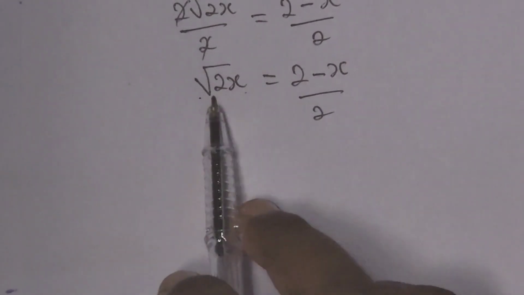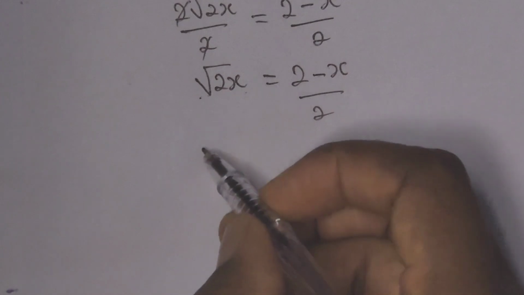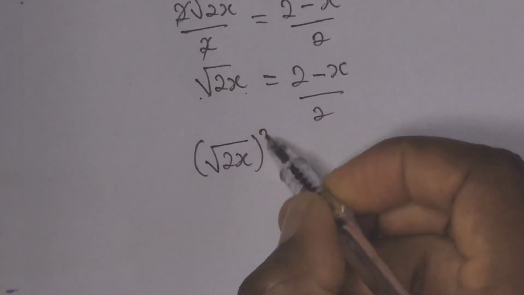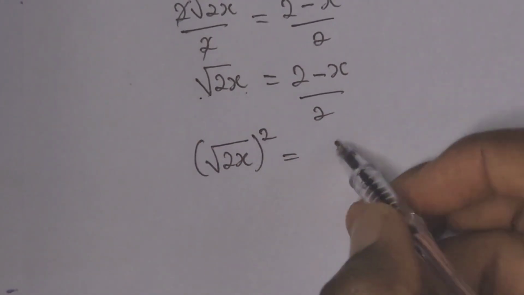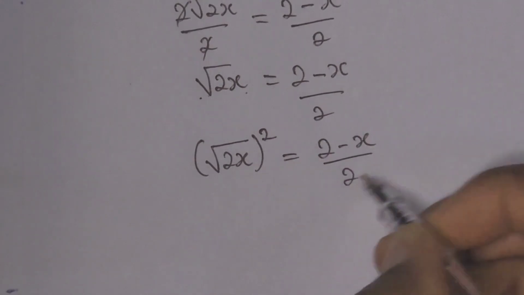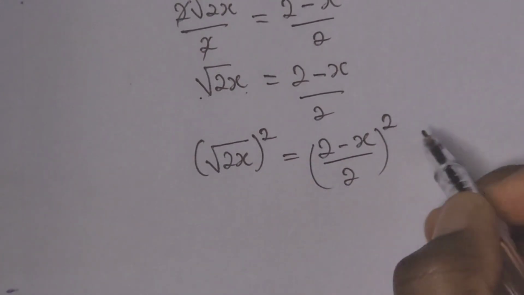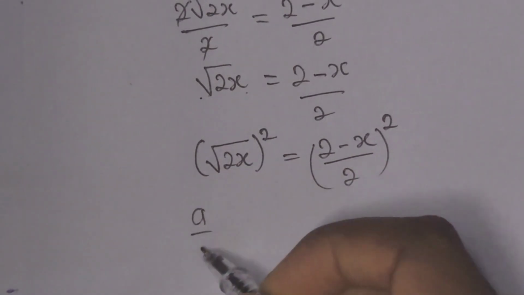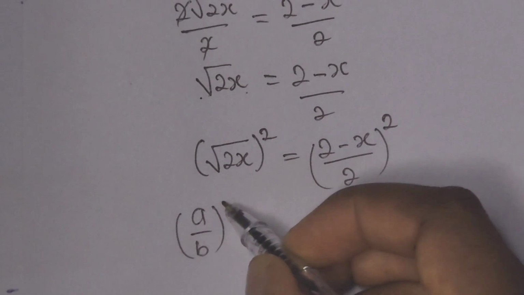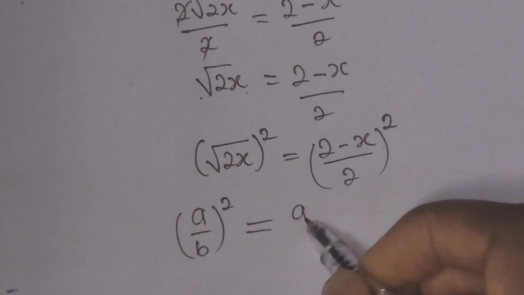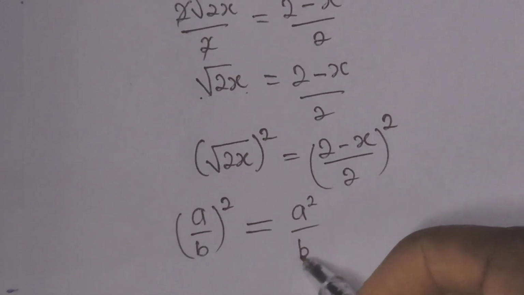So to eliminate this square root, we square both sides. We have 2x all equal to ((2 minus x) over 2) all to the power of 2. But when we have a over b all squared, this is equal to a squared all over b squared.